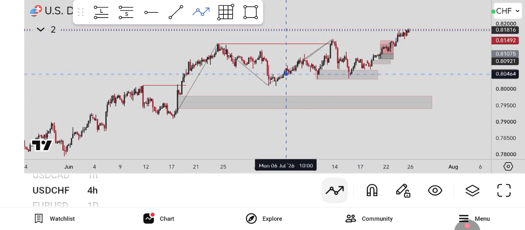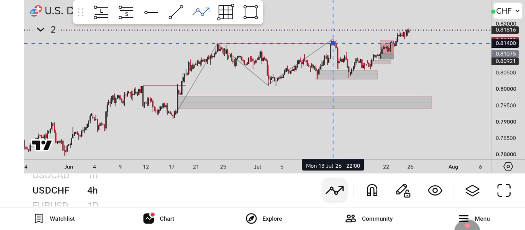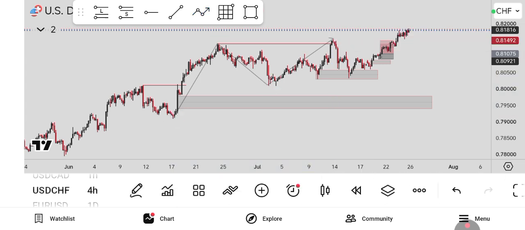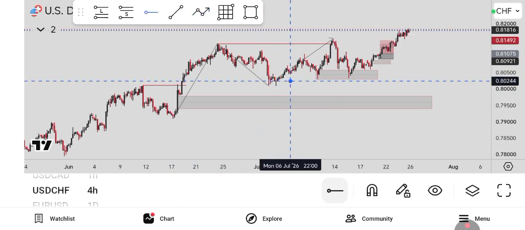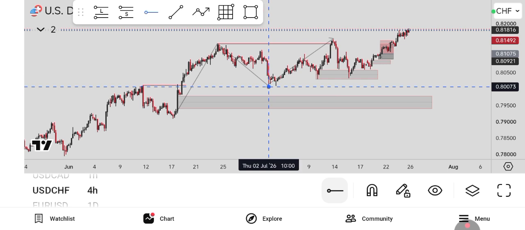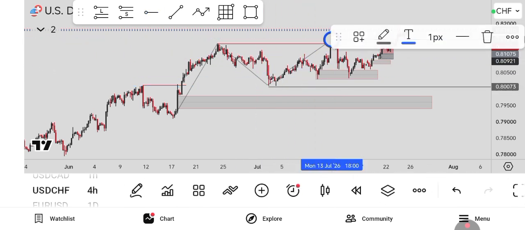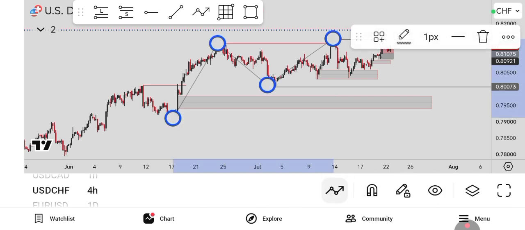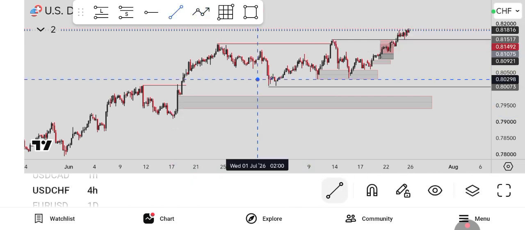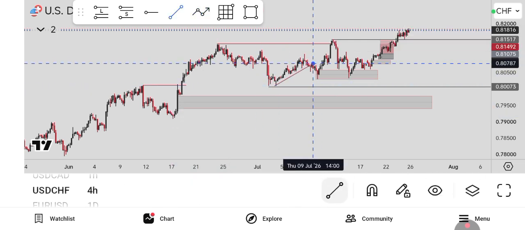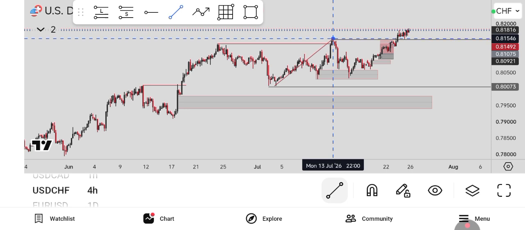Now this is my new structure. From this low to this high is now my new structure.